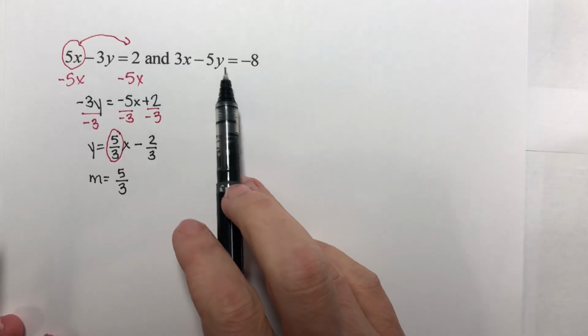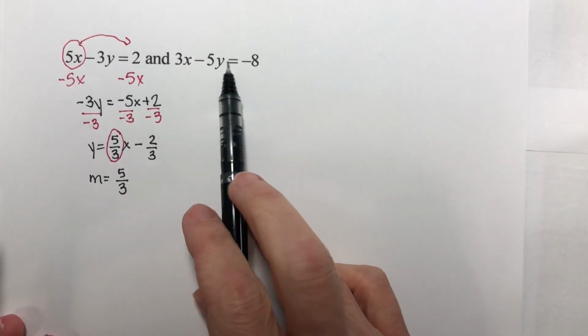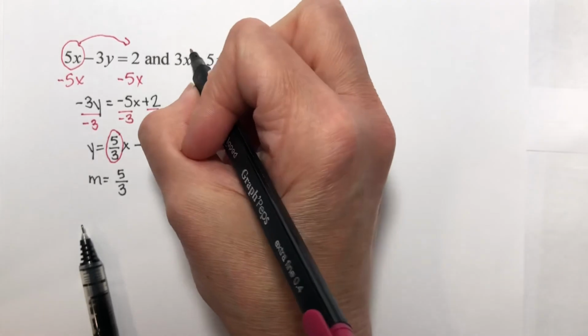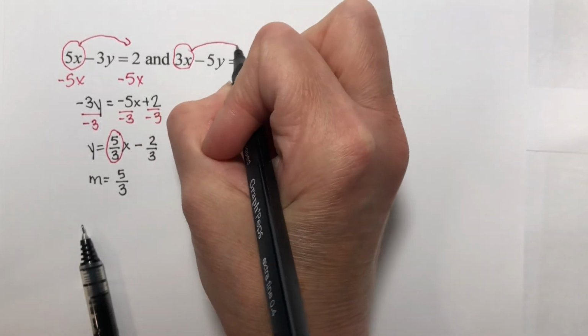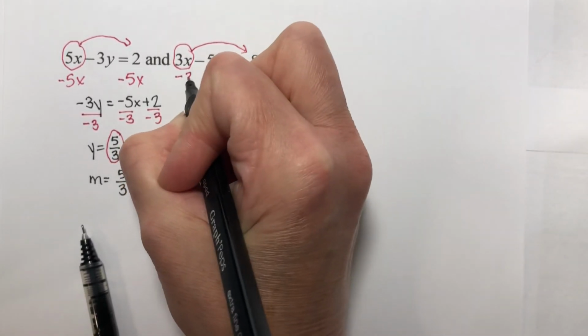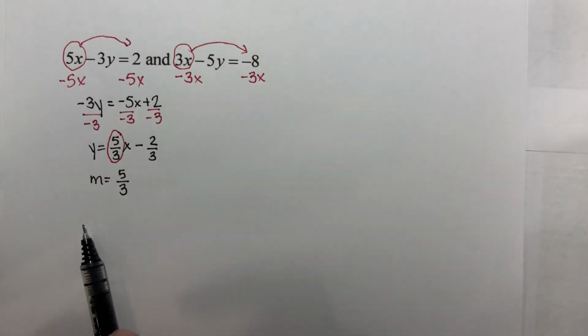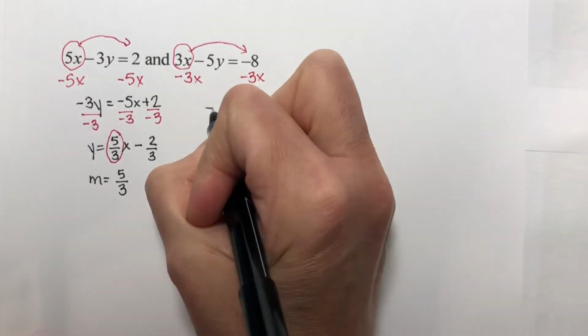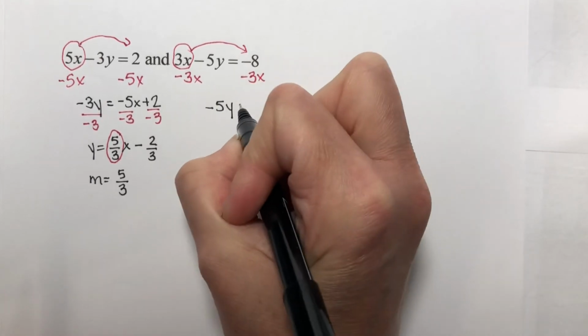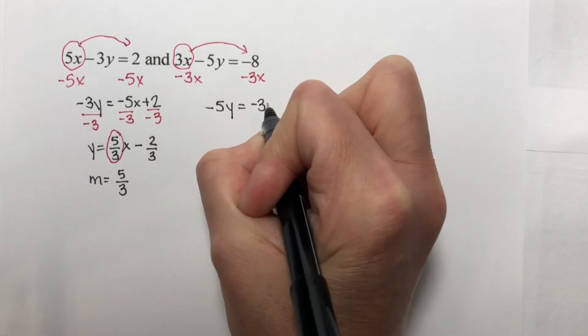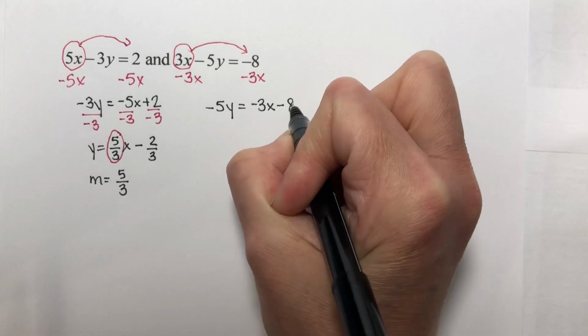Okay. So here. Now I want to get y by itself, so I need to move the 3x over to the right. So I'm going to subtract 3x from both sides. And I get negative 5y is equal to negative 3x minus 8.